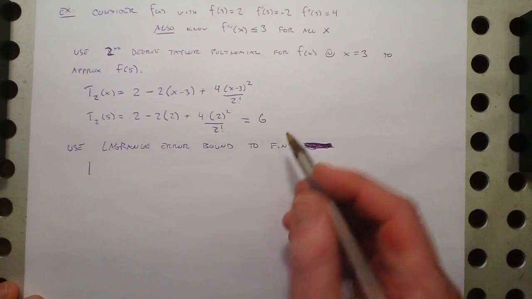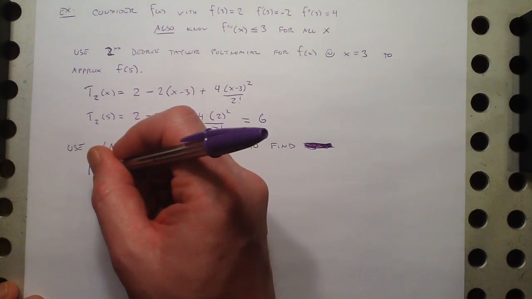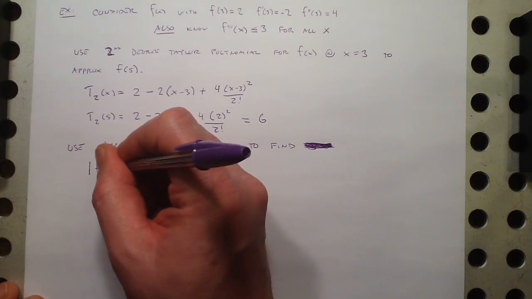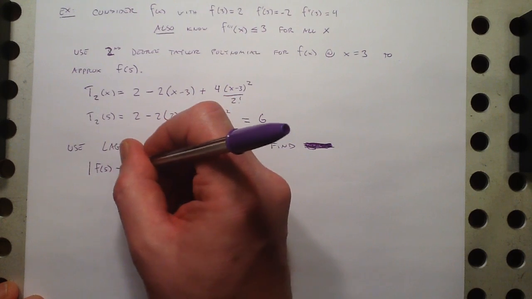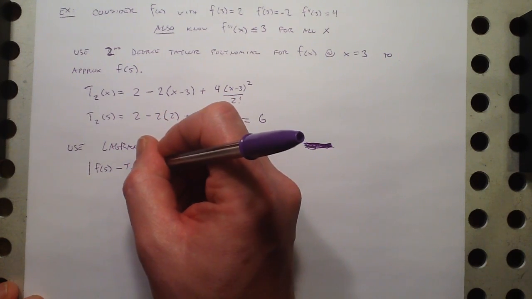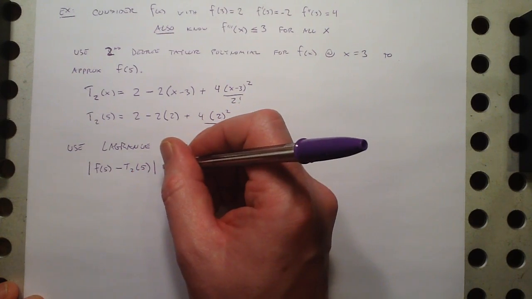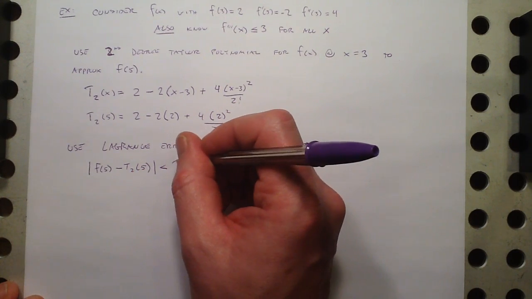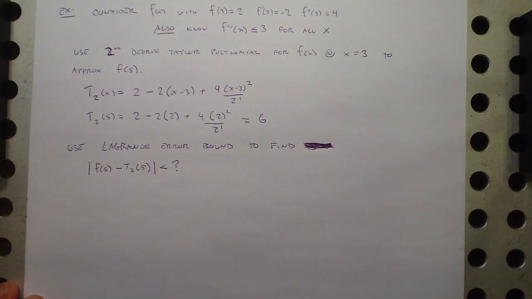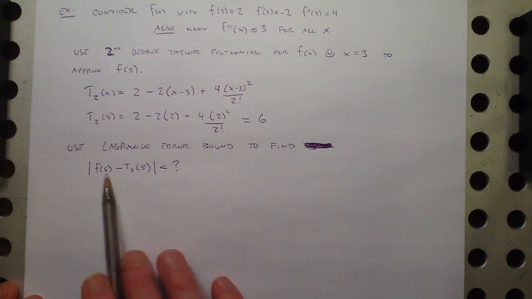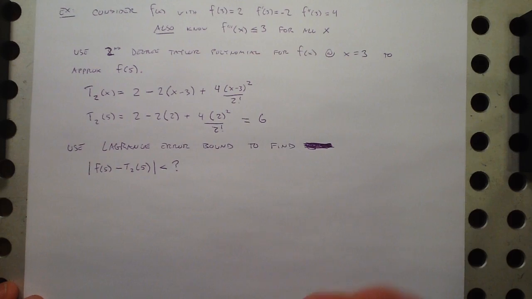What's the difference? So you've got to get used to seeing these. What's the difference between f of 5 and T2 of 5? So let's use the Lagrange error bound to find what needs to be there.